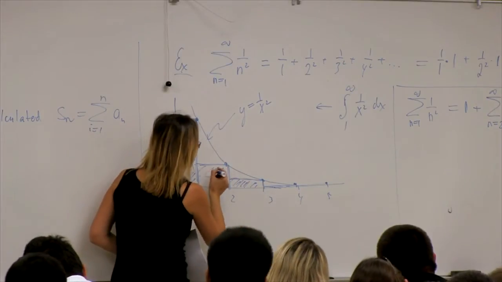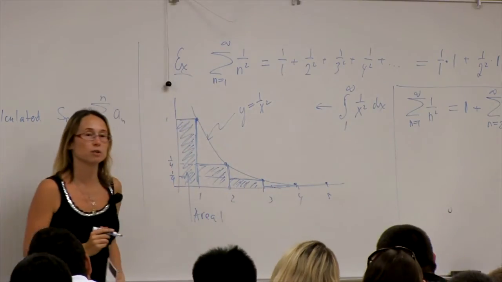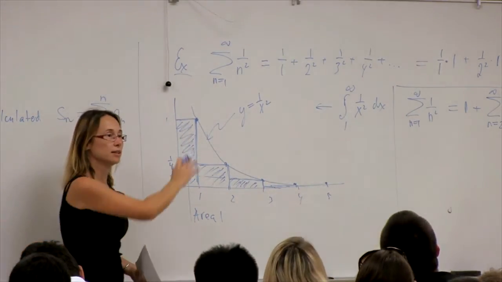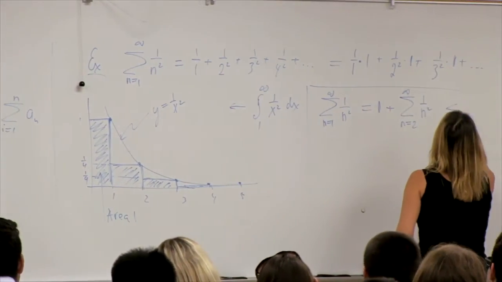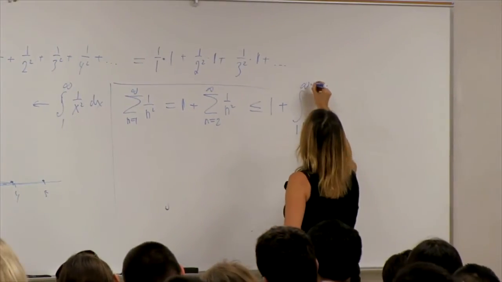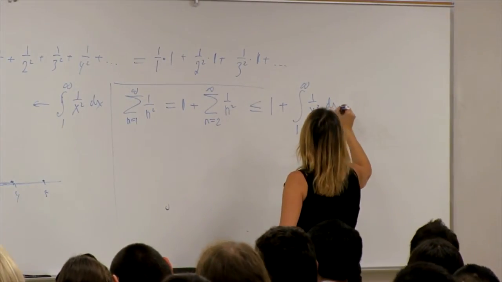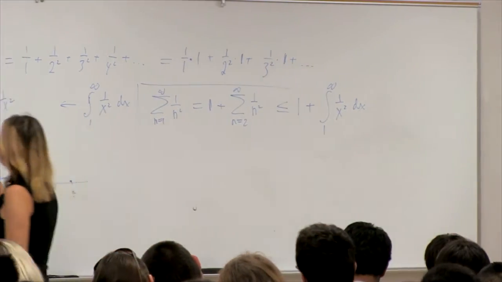I know that the sum of all these rectangles is going to be less than the integral of the function 1 over x squared, because it is completely contained underneath it. So it's less or equal to 1 plus the integral from 1 to infinity of 1 over x squared dx. So the proof is geometric, right?